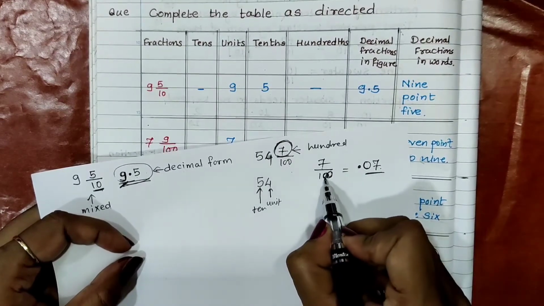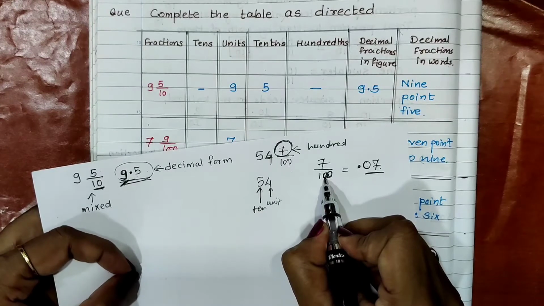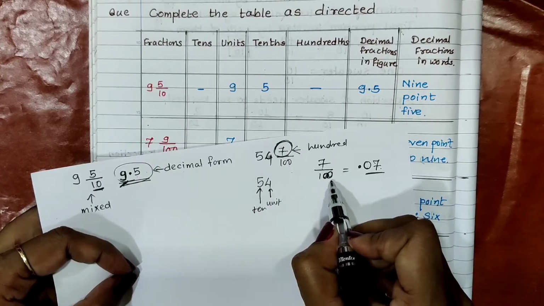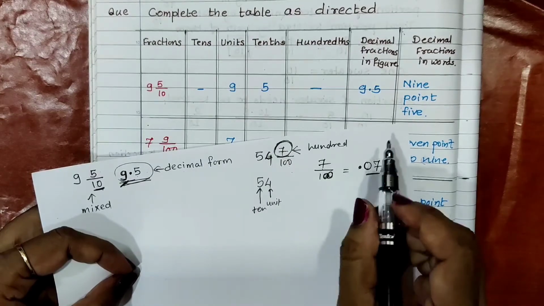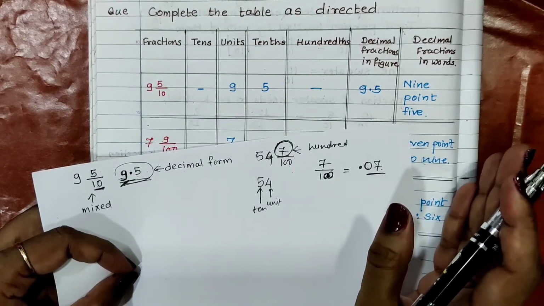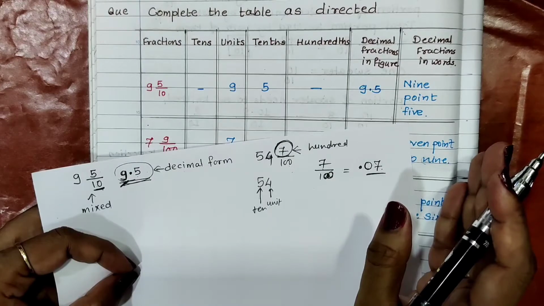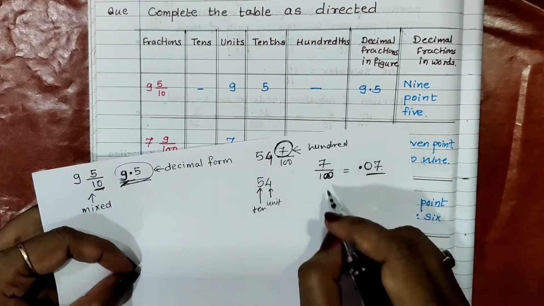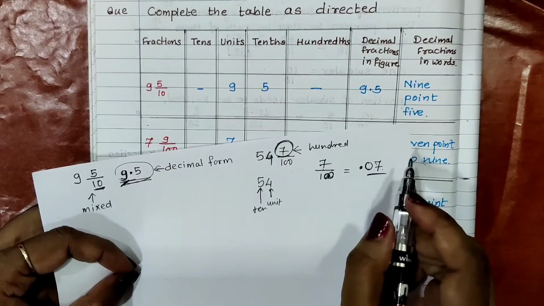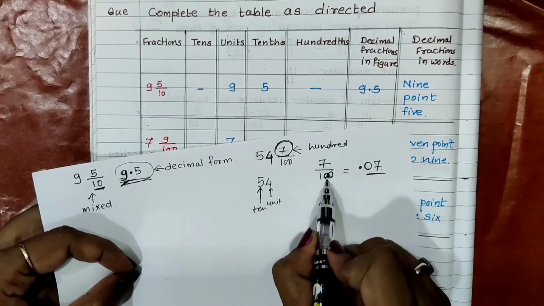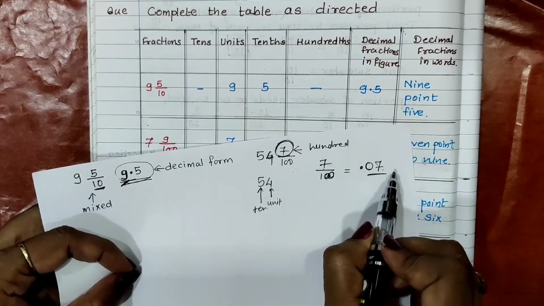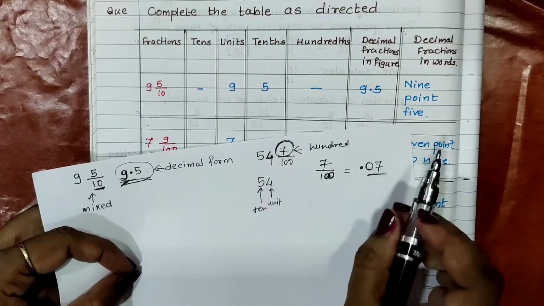Always see that when 100 is in the denominator, we have to write 2 digits after decimal point on the right hand side while converting it in the decimal form.